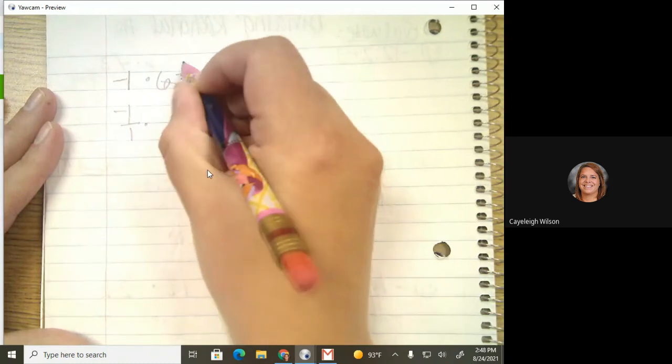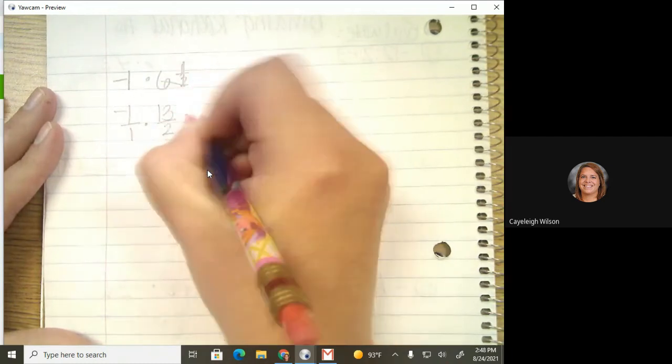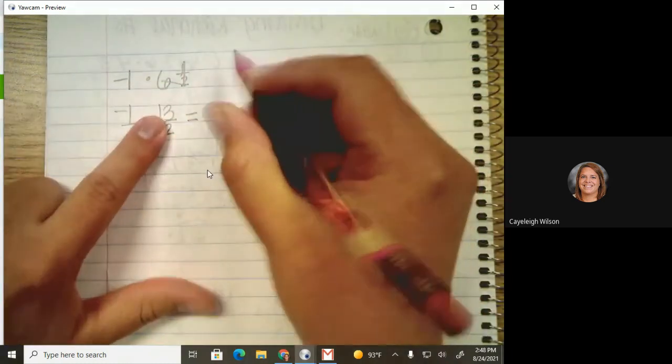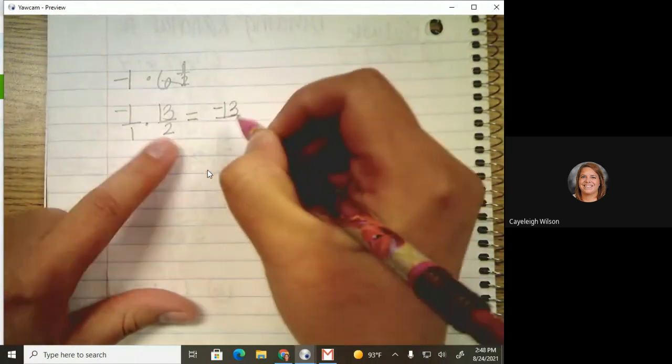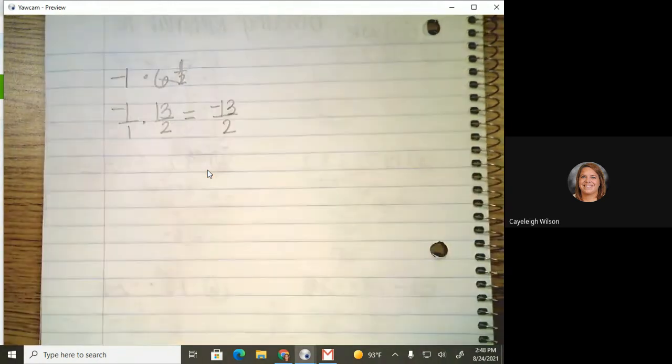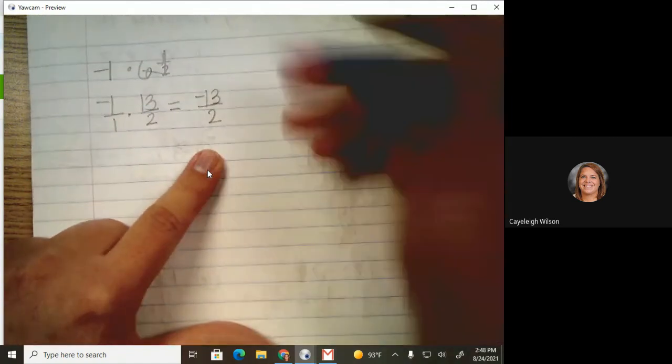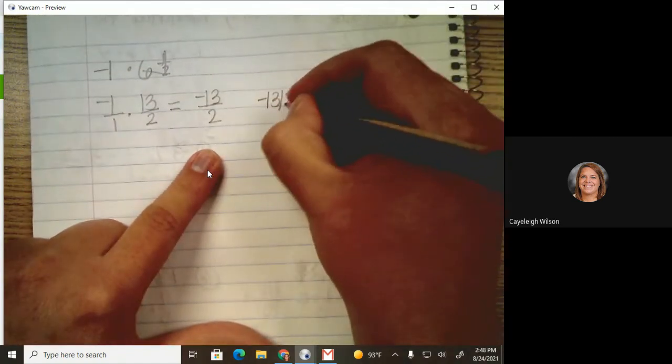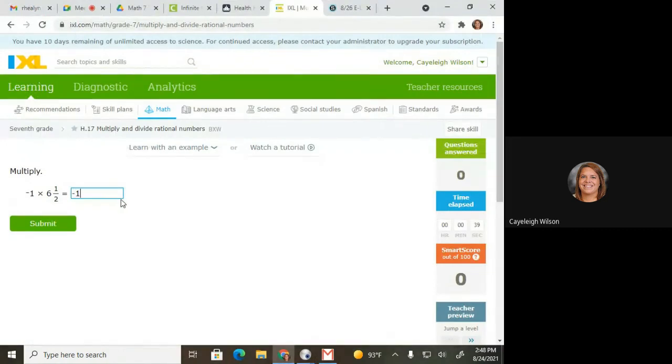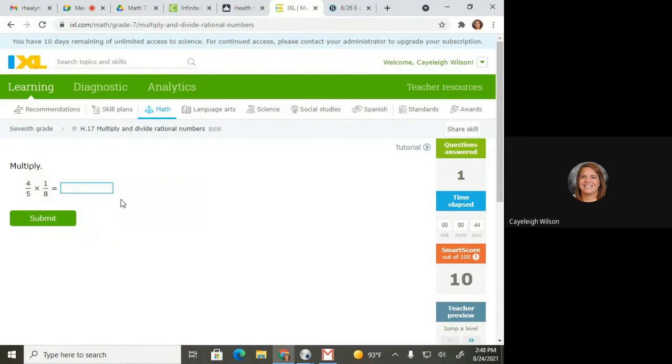So that's going to be -1/1 times 6 times 2 is 12 plus 1 is 13. So -1 times 13 is -13. 1 times 2 is 2. That doesn't reduce. So I'm going to type that in IXL as -13/2. Okay. Go back. -13/2. Hit enter. And I'm right. So it's not going to tell you that it's wrong.